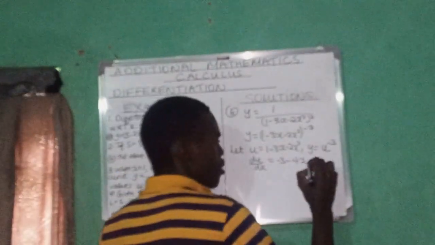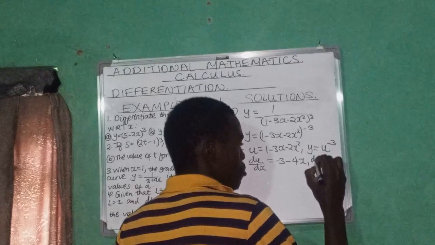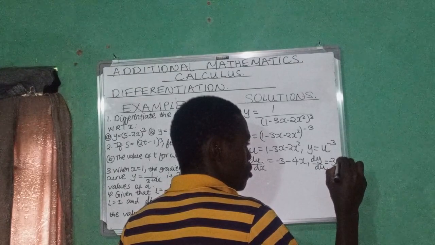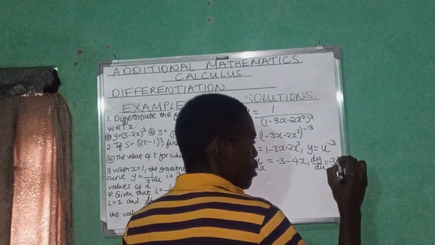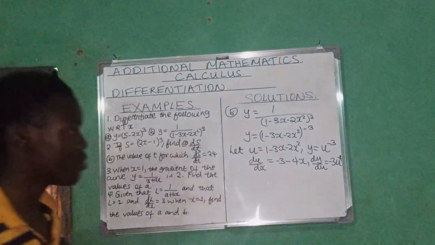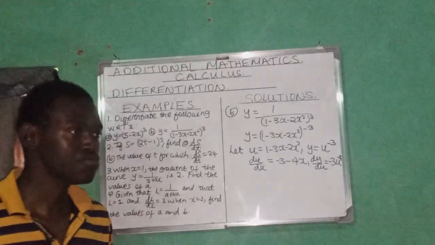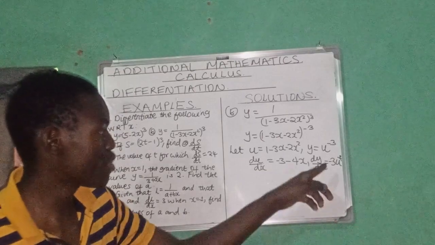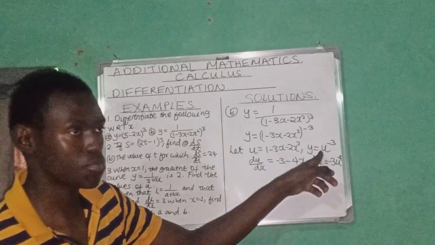Okay, and then we have dy du is equal to negative 3u raised to the power negative 4. So negative 3u raised to the power negative 4. What have I done? Negative 3 is multiplied by whatever is in front of you. In this case, it's a positive 1.